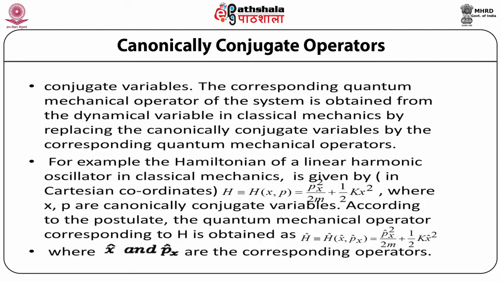This Hamiltonian in classical mechanics is given by H as a function of x and p, where x and p are the canonically conjugate variables, and is given by px square by 2m plus half kx square, where x is the position coordinate and p is the corresponding canonically conjugate momentum coordinate.